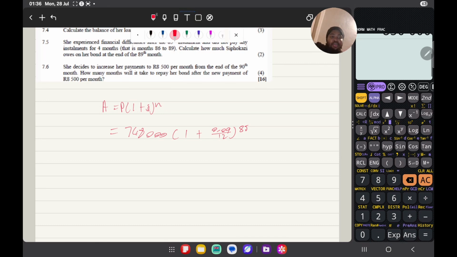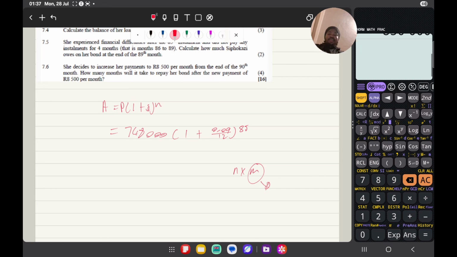And then this 85, remember the whole reason we say n times 12 is that we are saying the number of years times m, this being how many times the interest is compounded.